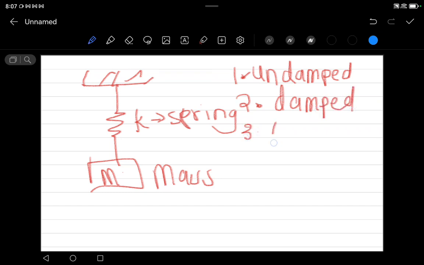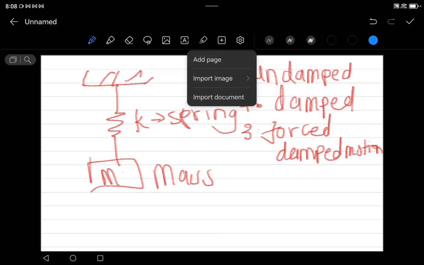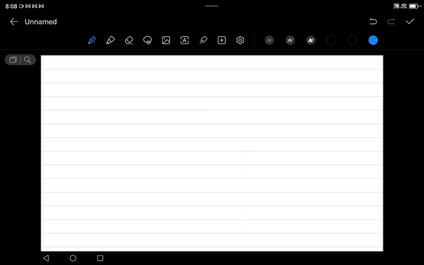Number 3, we're also going to have the forced damped motion. So the first one is undamped motion, the second one is damped motion, and the third one is forced damped motion. These are free undamped motion.